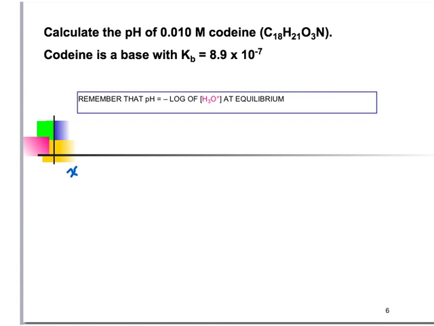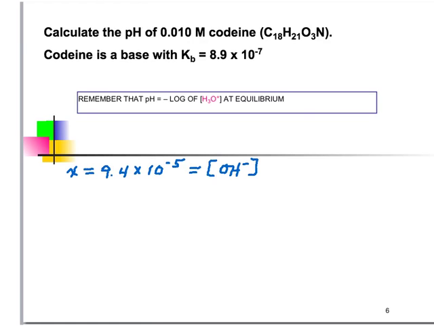So we have x equals 9.4 times 10 to the minus 5. But what is x? Is x H3O plus? No, remember we had a base here, and in our reaction equation we produced OH minus. So the ICE table had OH minus as a product, and x is actually the concentration of OH minus.